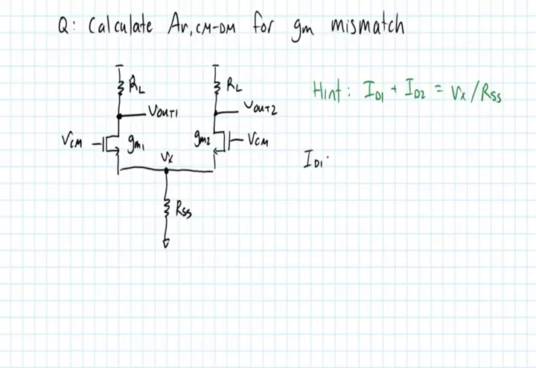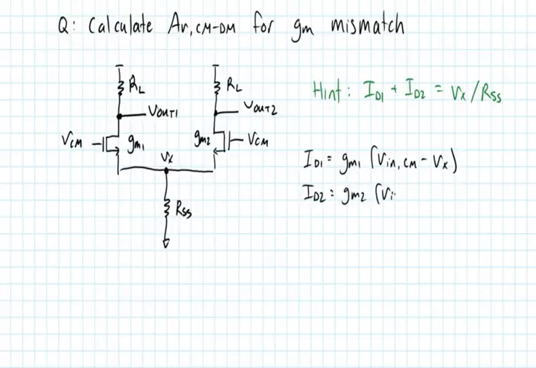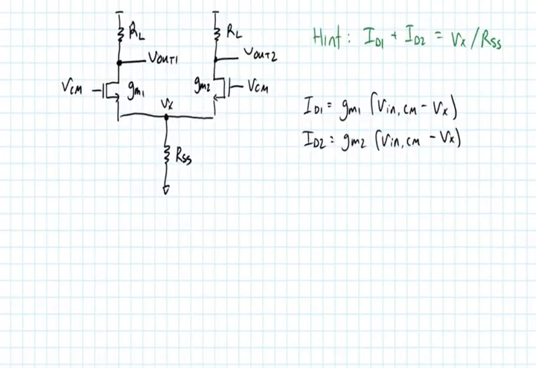So what I'm going to say is the current in that first device is going to be GM1 (Vin,CM minus Vx). The current in ID2 is equal to GM2 (Vin,CM minus Vx). Okay, so they're close to being equal except for the fact that these GMs are different.